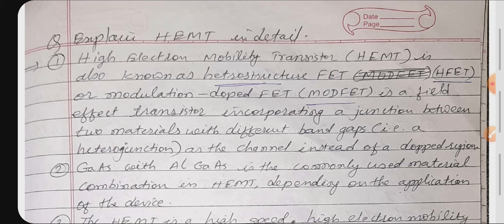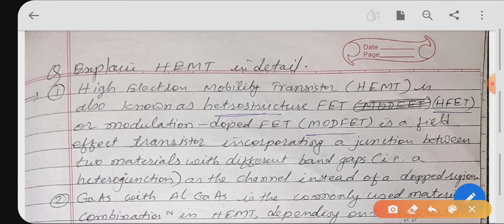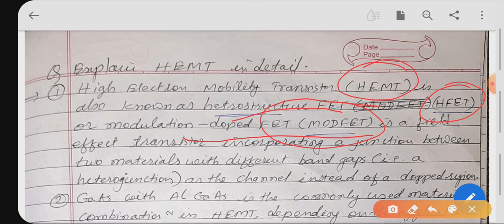This is also known as heterostructure FET, that means HFET, or it can also be named modulation doped FET, MODFET. So HEMT, HFET and MODFET are one and the same, that is nothing but high electron mobility transistor.